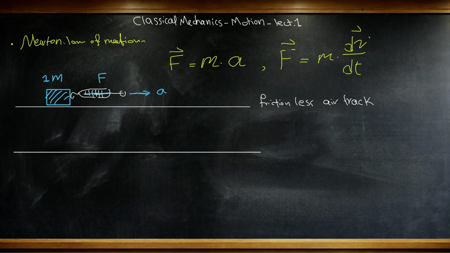Now, if you repeat the experiment and keep the same object, 1m, on the frictionless air track, with the same spring scale to measure the force, and you try to drag it with 2a, with doubled acceleration, you will notice that the force will also be doubled.